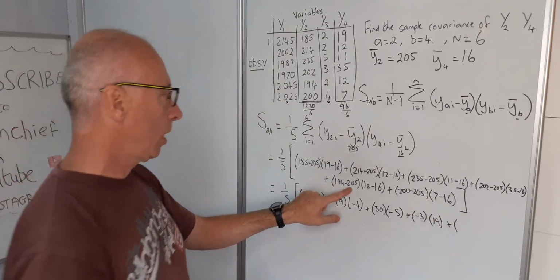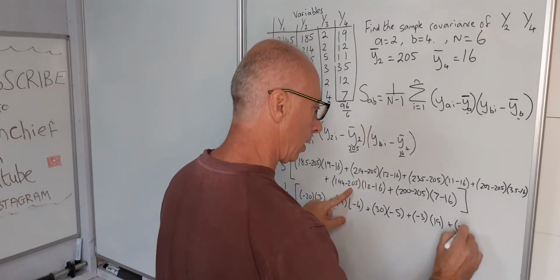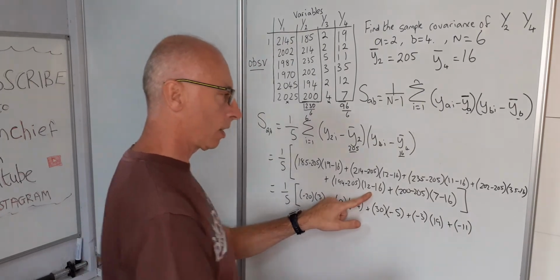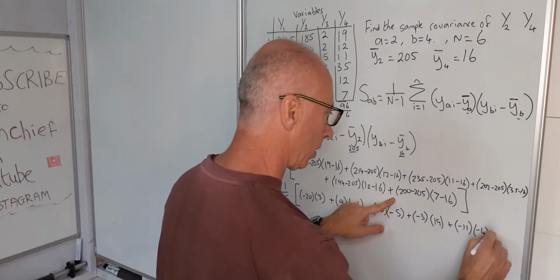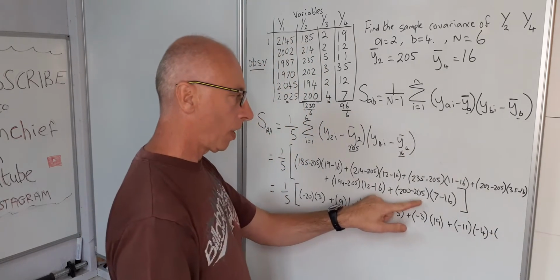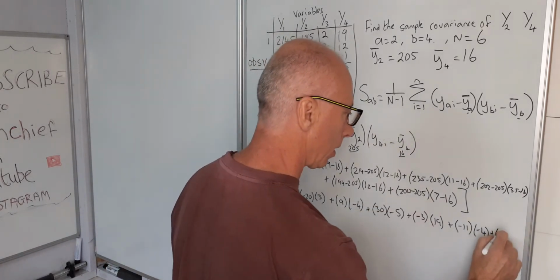And then 194 minus 205, that's minus 11, and 12 minus 16 is minus 4. And then the last one, minus 5, minus 9.